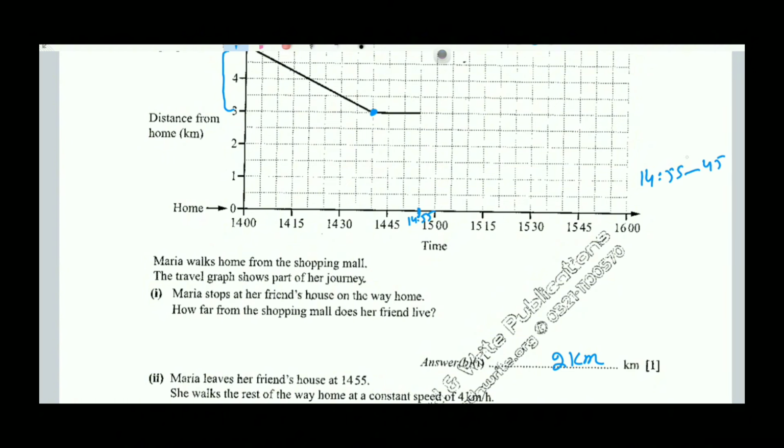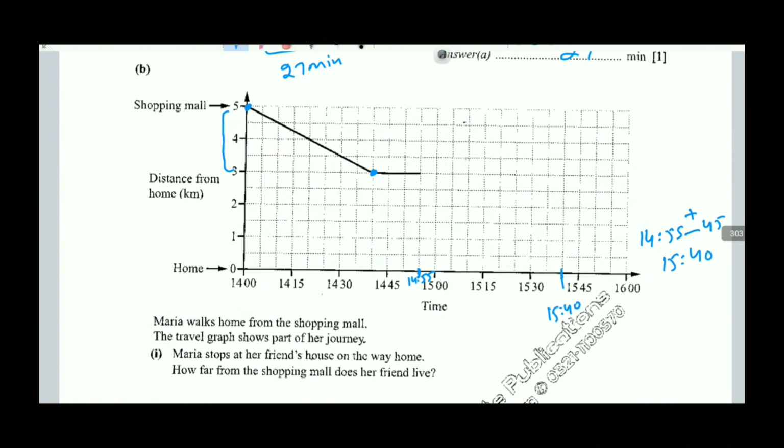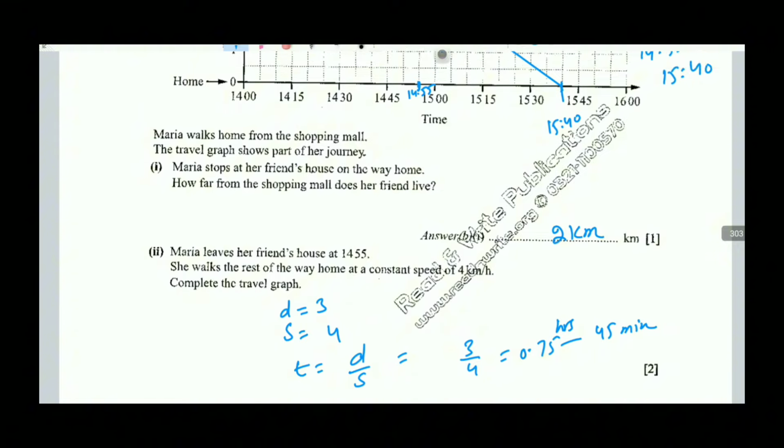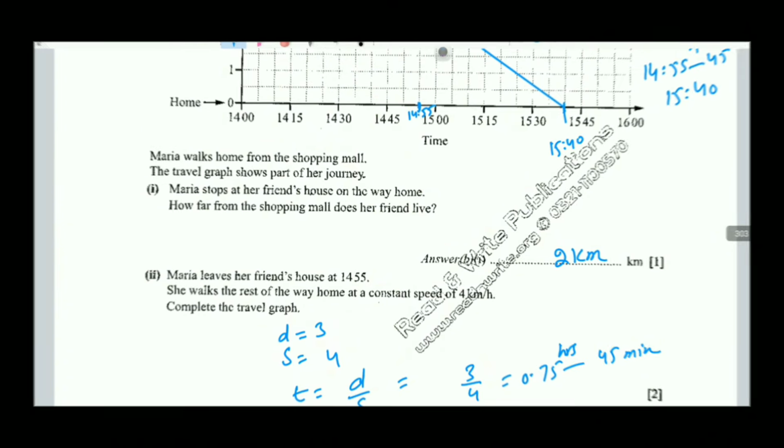Count 45 minutes, so you will get 15:40. This is 15:40. Now you will complete the graph like that. So this is the way how you will complete this question.